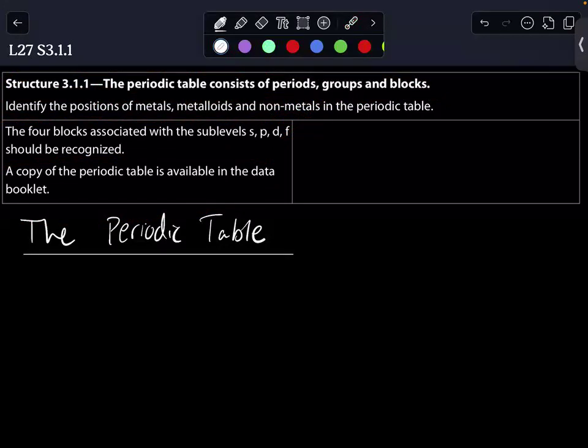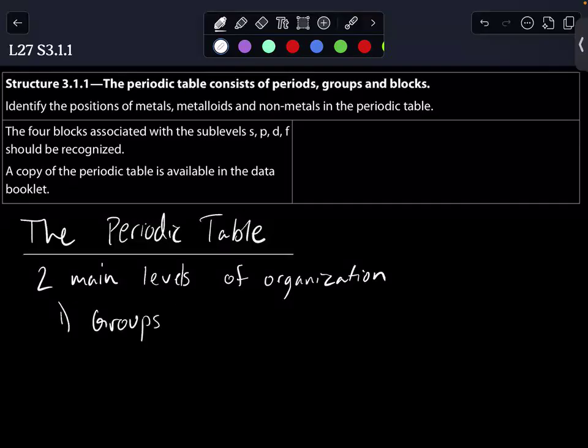It is the best cheat sheet you'll ever have, and it has two main levels of organization. The first being what we call groups. You may also hear it referred to as families. Groups and families are our vertical columns.